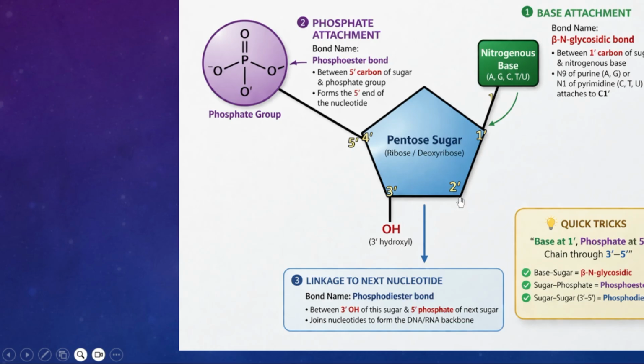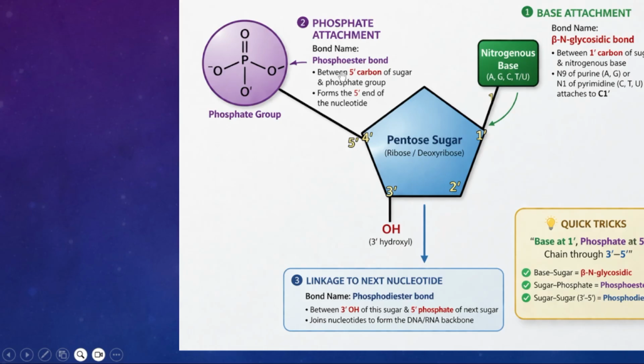Okay, so here the second carbon. At the third carbon, an OH group is going to be attached, and for the fifth carbon, the phosphate group is going to be attached. The phosphoester bond is between the 5' carbon of the sugar and the phosphate group from the 5' end of the nucleotide. This is the free end, isn't it? So the phosphate group is attaching at the 5'.